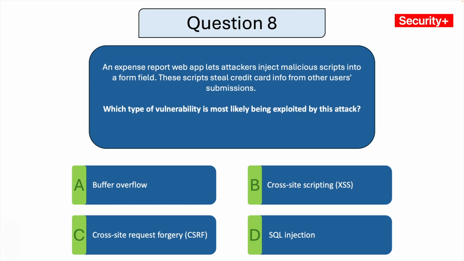Then you have SQL injection. You can argue that you can type information into a form to steal credentials based on that database that's leaked using an SQL injection, but that doesn't usually use scripts to do that. So that's why I'm not going with that one. So I'm going to go with B, cross-site scripting.